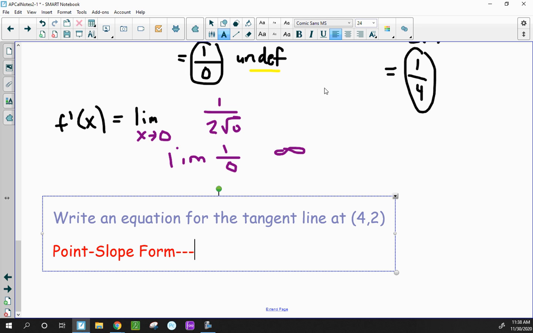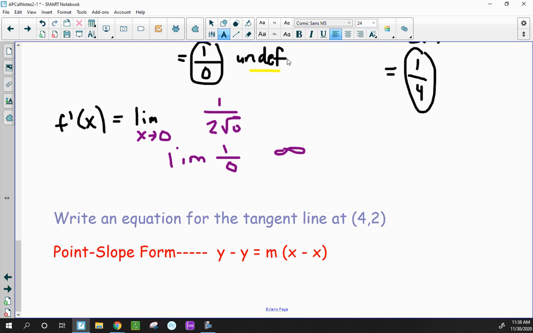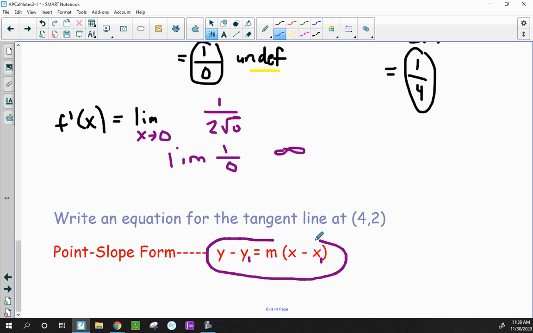And just a reminder, it is y minus y sub 1 equals m times x minus x sub 1. Okay, so what does that mean? Well, this is the formula to write an equation in point slope form.